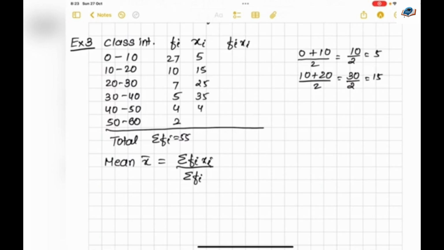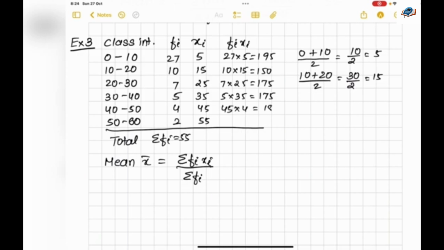Now fi xi: if I do, I will get 27 into 5, so 135, then 10 into 15, so I will get 150. 7 into 25, so I get 175. 5 into 35, so 175. 4 into 45, that will be 180, and 2 into 55 will be 110.